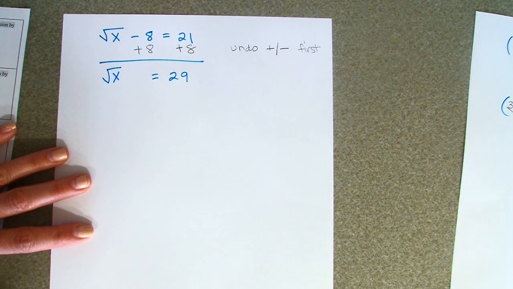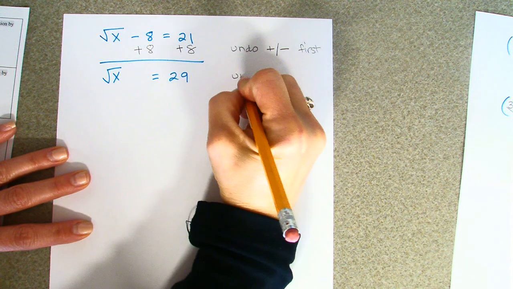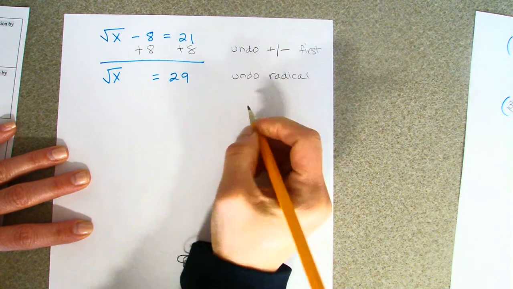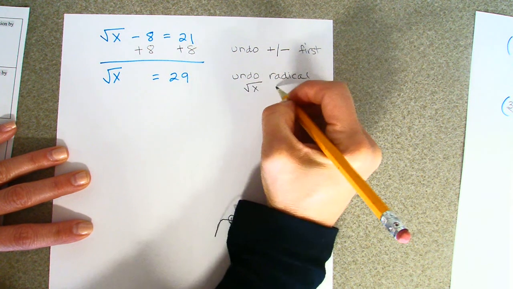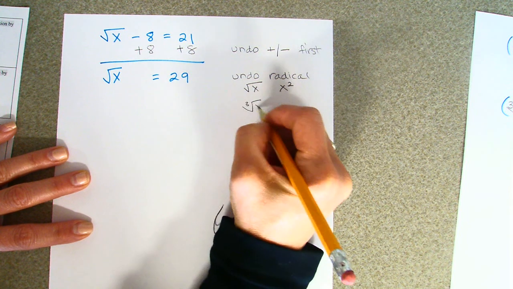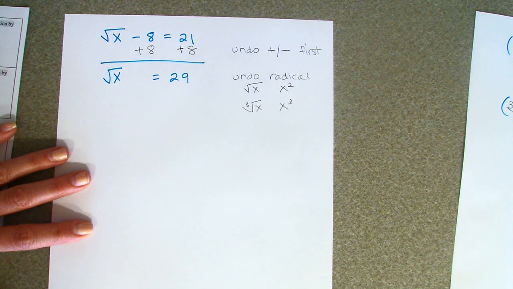So the next step we have is to undo the radical. And you'll remember in the last video I told you that the inverse or opposite of a square root of x is to square it, and the inverse or opposite of a cube root is to cube it. So we have a square root here.